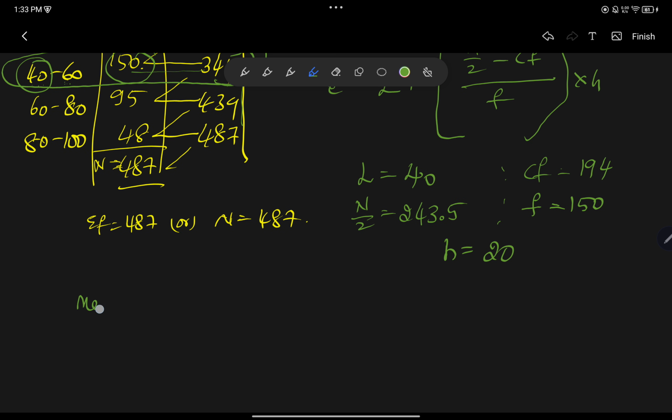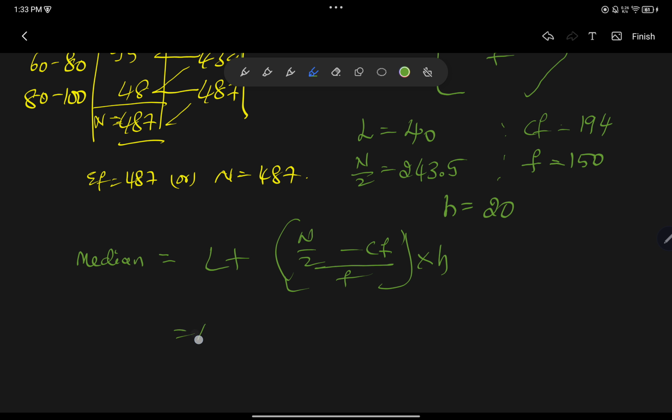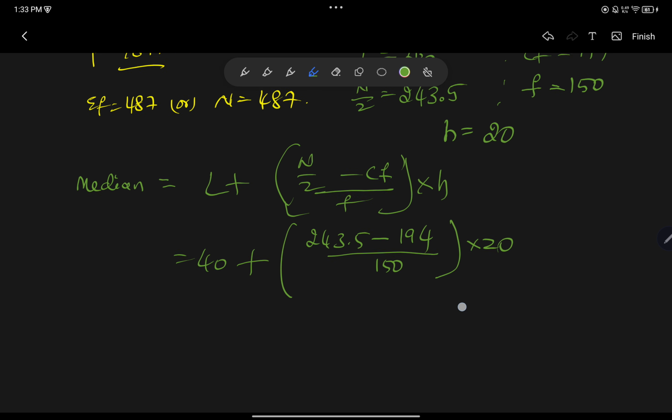As per the formula, median is equal to L plus (N by 2 minus CF) divided by F, into H. Correct? Now L is 40, plus N by 2 is 243.5, minus CF is 194, divided by F is 150, into H is 20.